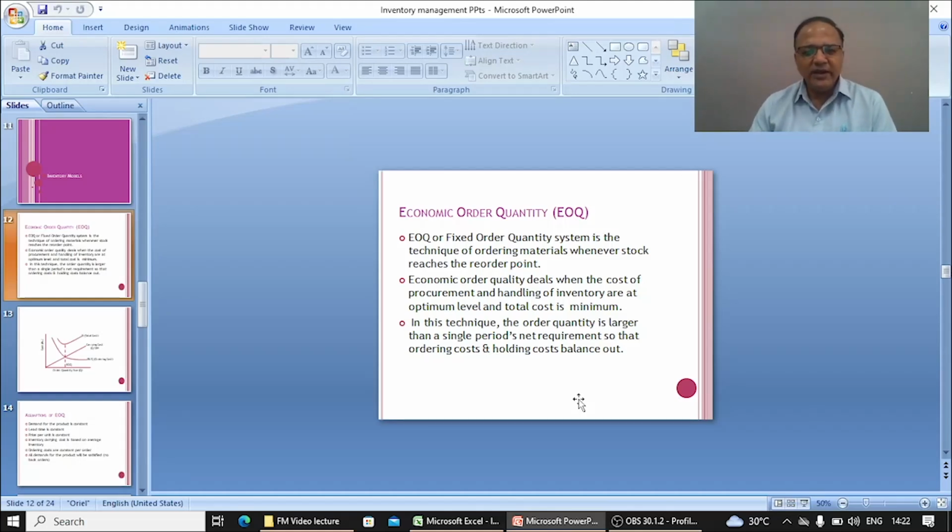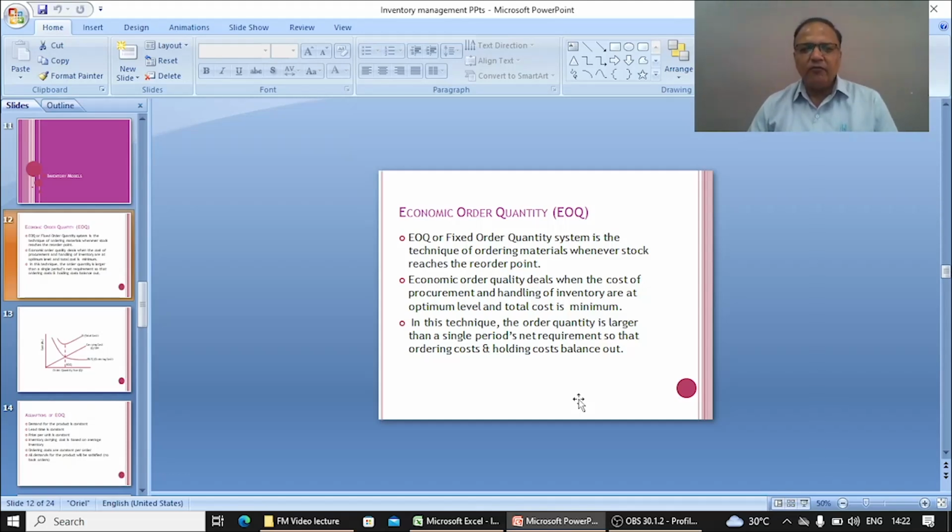So let's discuss the EOQ. EOQ, as the name itself says, is economic order quantity. It means the quantity which is economical for giving an order.